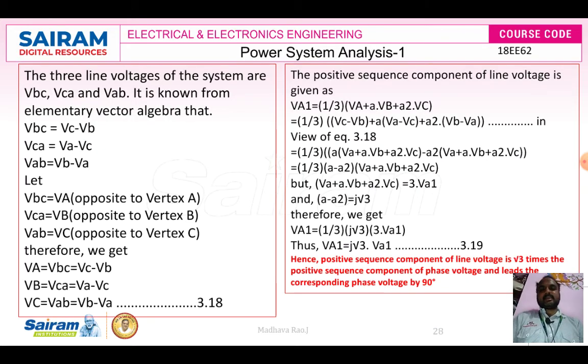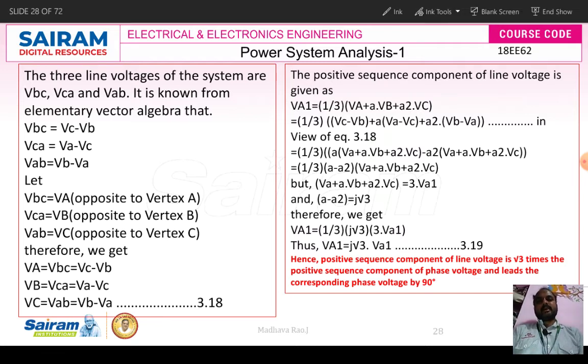What are the line voltages? VBC, VCA, VAB are the line voltages. According to the phasor relation of a star connected system, VBC is equal to VC minus VB, VCA is equal to VA minus VC, and VAB is equal to VB minus VA. So these are the line voltages.